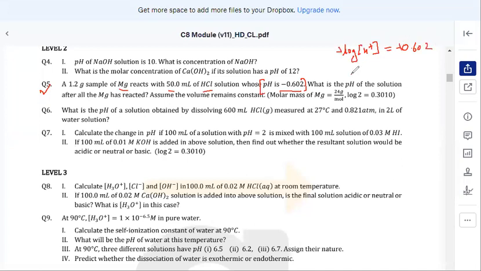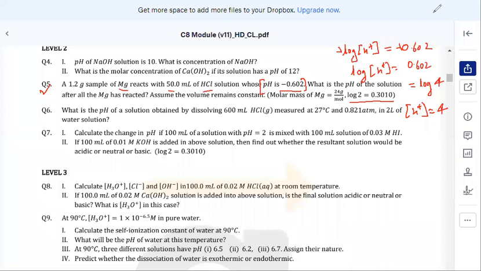So log concentration of H plus is equal to 0.602. Now, it is given, this is equal to log 4. Got it? Yes or no? Because this is 2 into log 2, and 2 into log 2 is log 4. So the concentration of H plus is given as 4, as simple as that.